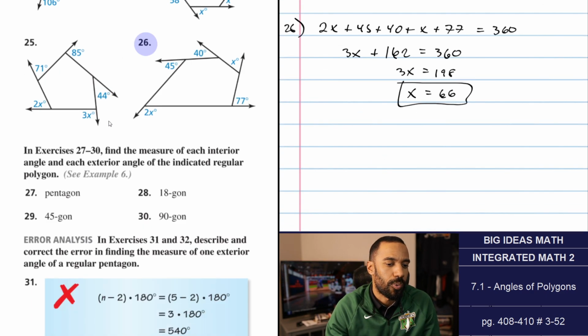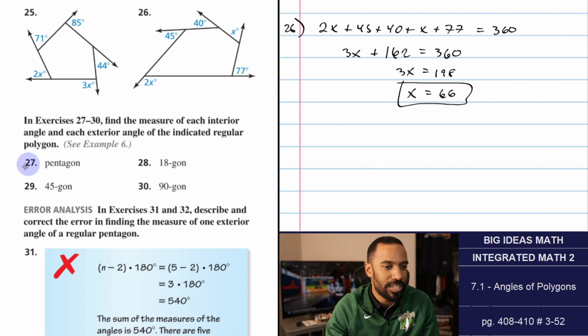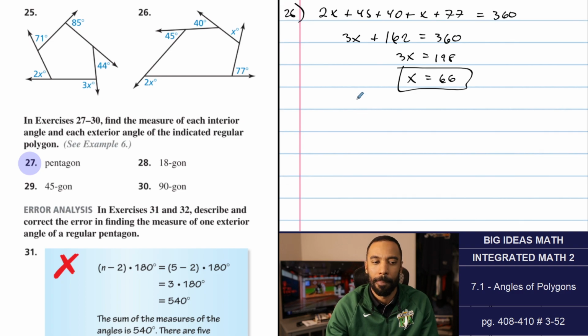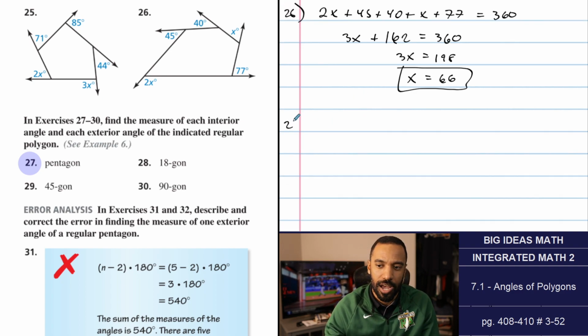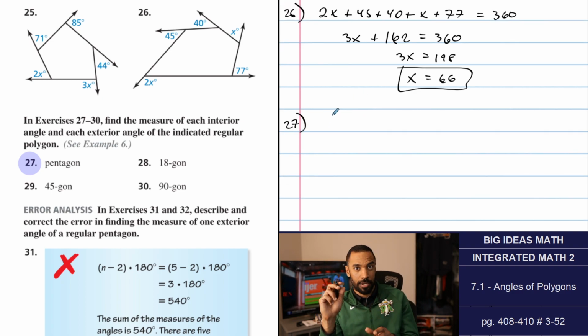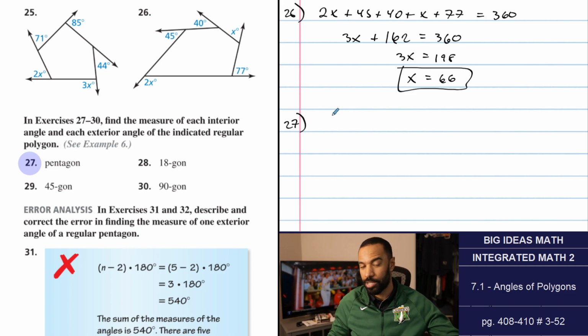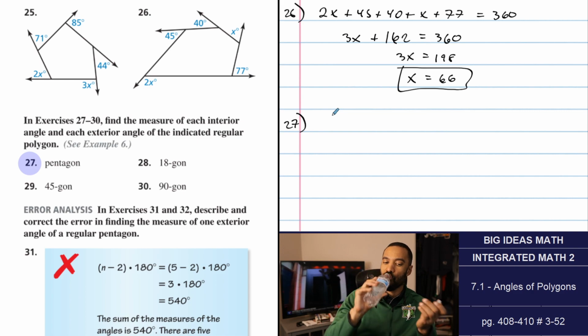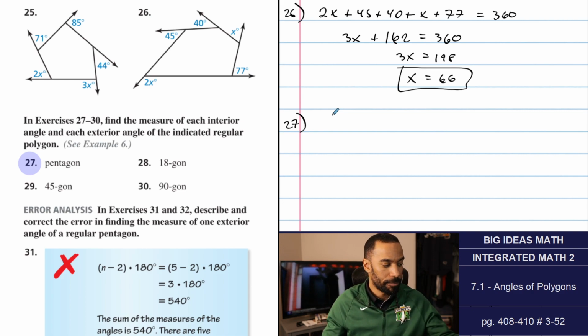Okay, in 27 to 30, find the measure of each interior angle and each exterior angle of the indicated regular polygon. So pentagon, listen, we've done the 540 so many times for this one that I'm going to leave it as such.